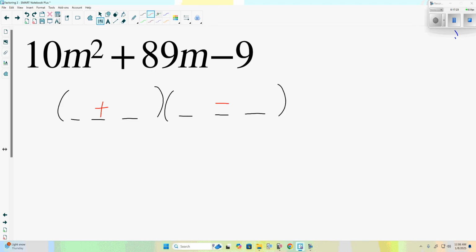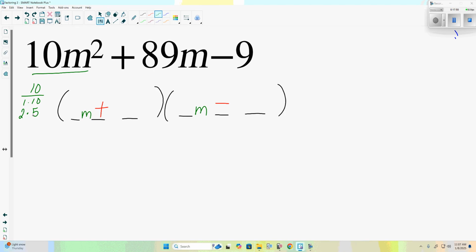Now, if we look at the first term, factors of 10m squared. M squared is going to be m and m. Now 10, this is the first one we had that has more than just one set of factors. So for 10, with our 10m squared, we have 1 and 10 or 2 and 5.